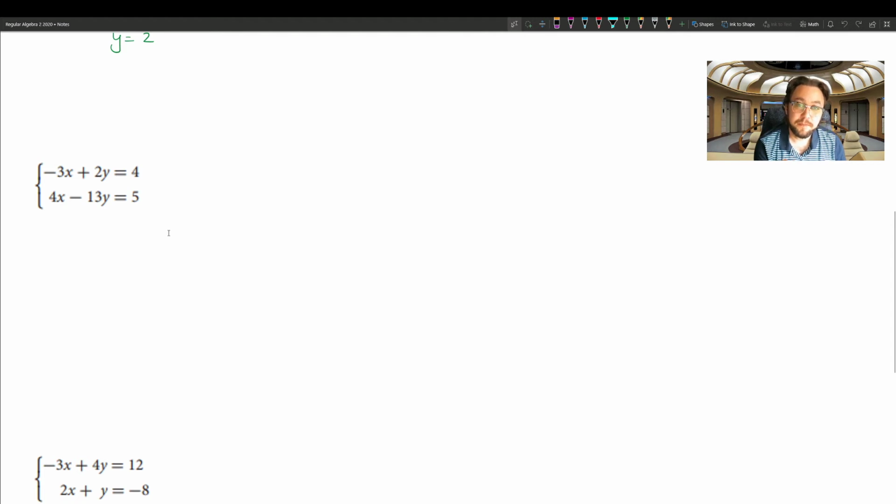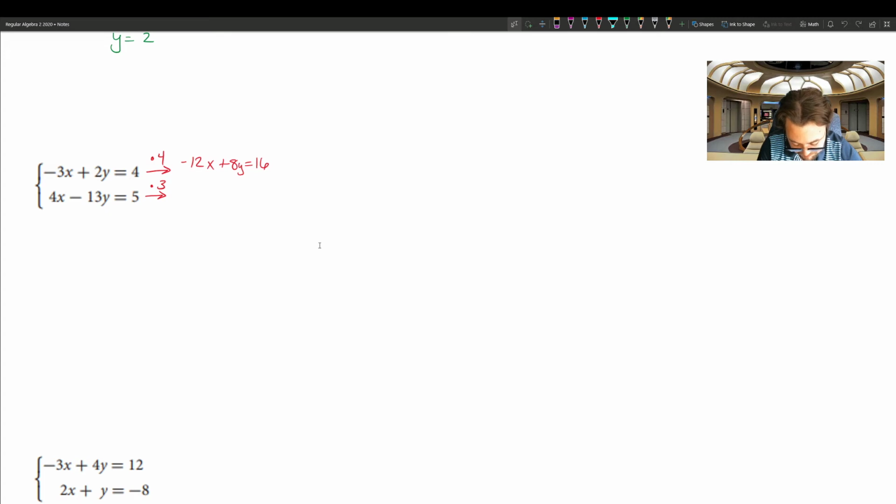So what I'm going to do is a bit of a trick. My plan is this. I'm going to multiply the top one by 4 and the bottom one by 3. You can see where the 3 and the 4 came from, and I just reversed them. So let's see how this plays out. -3 times 4 would be -12x. 4 times 2 will be 8y, and then 4 times 4 will be 16.